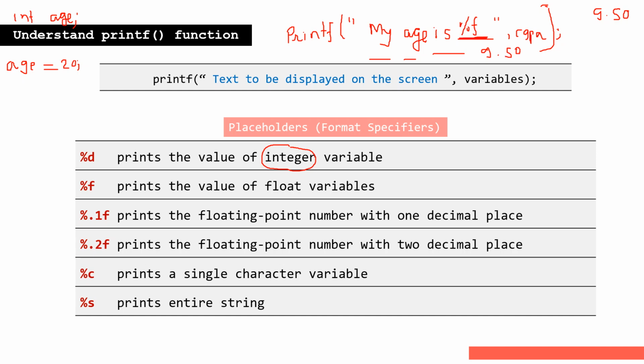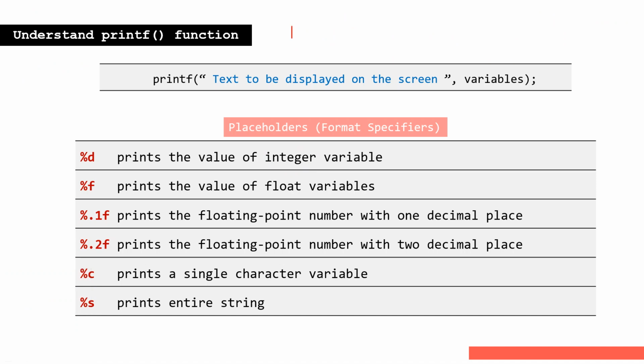So similarly, depending on the type of variable used, you can change this placeholder or format specifier. Suppose you want to print something like 20 is my age.